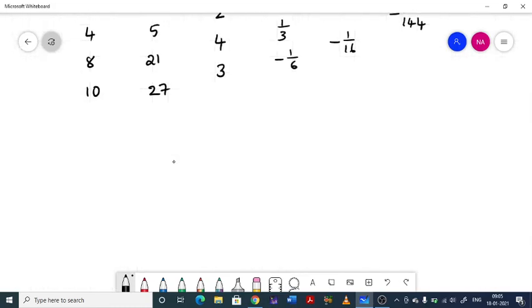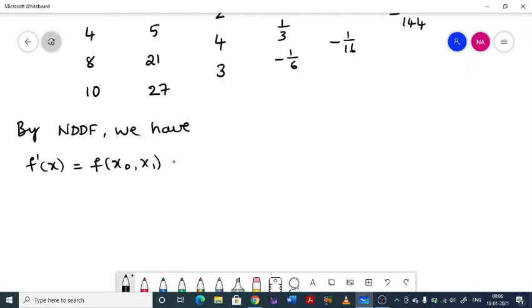Solution, by Newton's divided difference formula, we have f dash of x equal to, first term f of x0 comma x1, plus x minus x0 plus x minus x1 into f of x0 comma x1 comma x2.